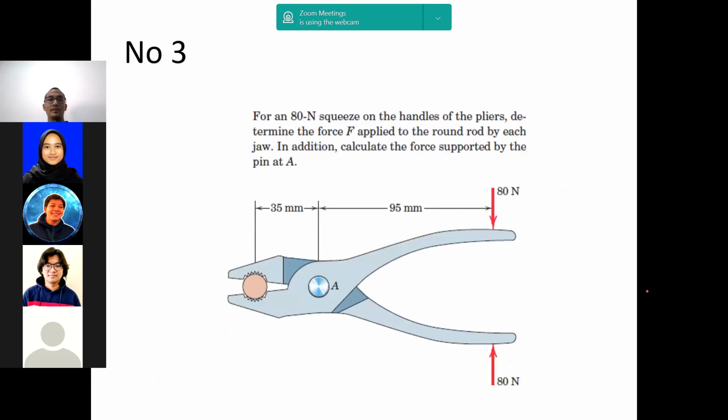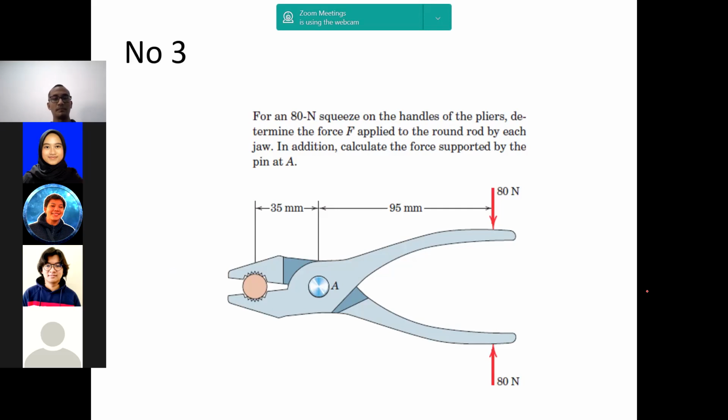Now we go for number 3. Anyone here having a problem with number 3? Fauzan, do you have a problem with number 3? No, sir. Okay, good.